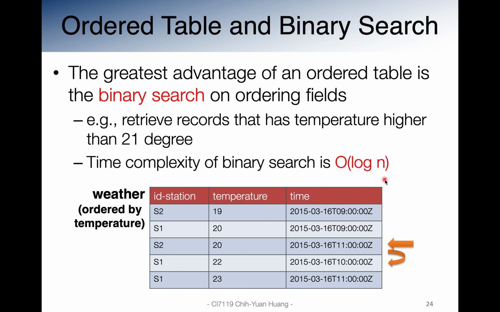That's why the binary search is much more efficient than the linear search, especially if you have a larger and larger number of records in your table. So that's a famous comparison between the linear search and binary search.